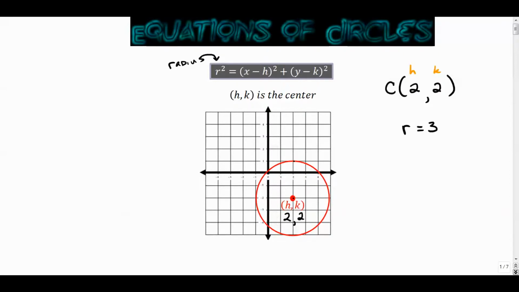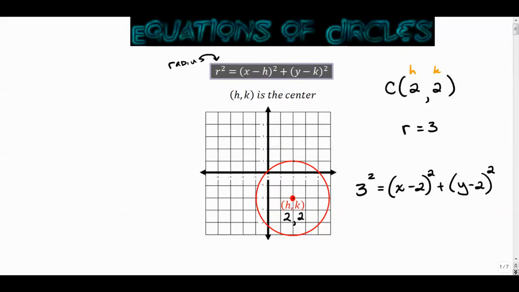So the equation of this particular circle would be 3 squared is equal to x minus 2 quantity squared plus y minus 2 quantity squared. And you'll notice that if h is positive 2, in the actual equation it says x minus 2.